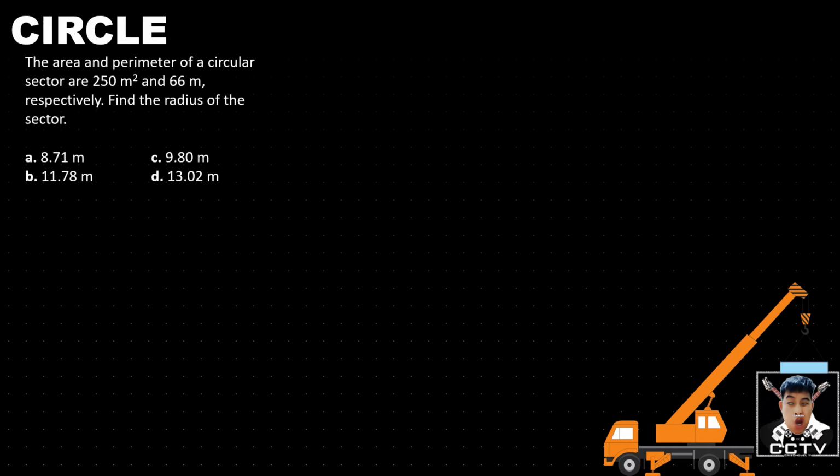The area and perimeter of a circular sector are 250 square meters and 66 meters, respectively. Find the radius of the sector. We have a sector here, radius, radius, of course the central angle, and the length of arc.